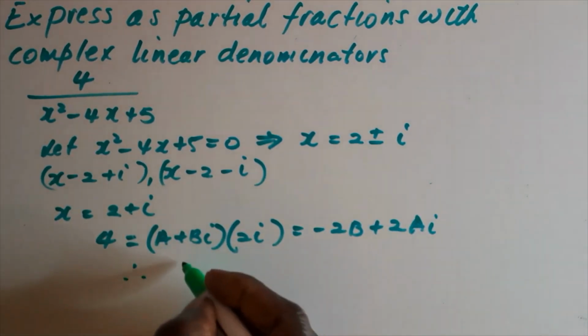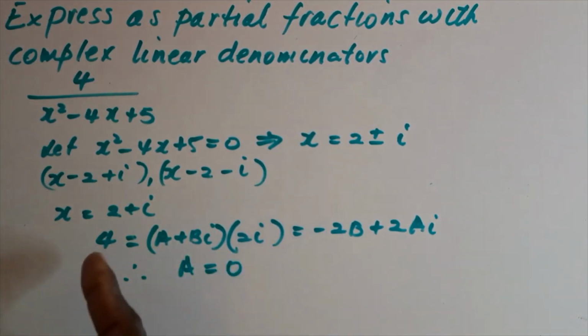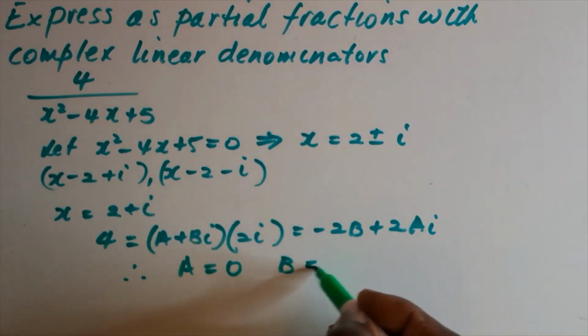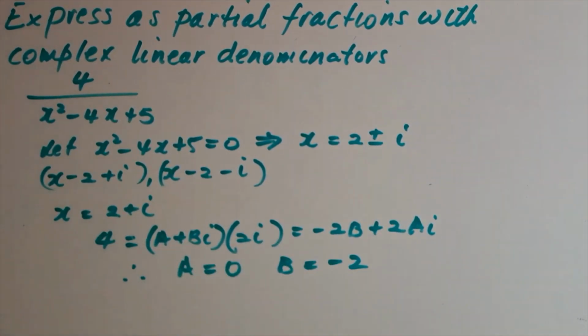Therefore we have that a is equal to 0. We have no imaginary parts on the left. b is equal to negative 2, because minus 2b is equal to 4. Therefore, b must be negative 2.